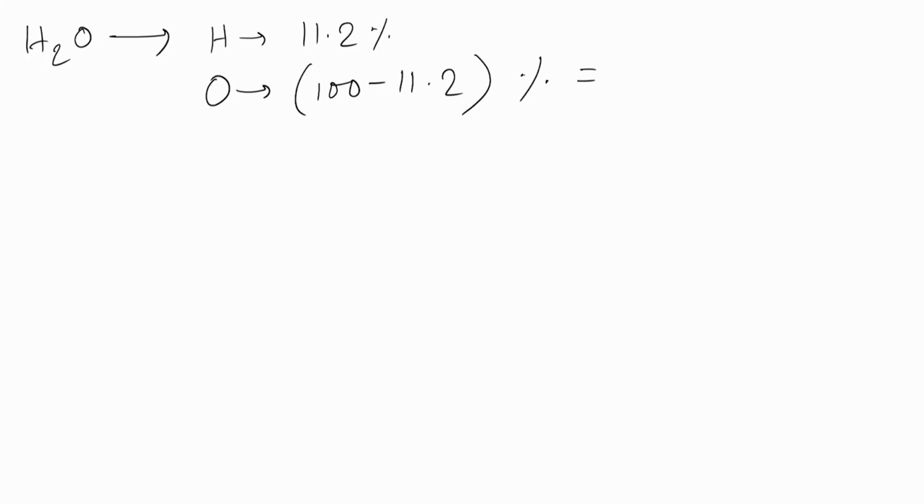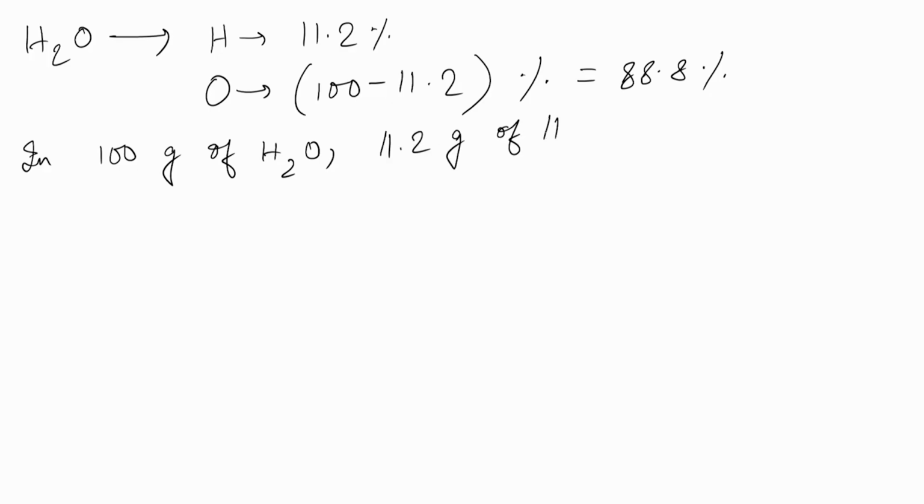So, this comes as 88.8%. So, we can also say that in 100 grams of H2O, we have 11.2 grams of hydrogen and 88.8 grams of oxygen.